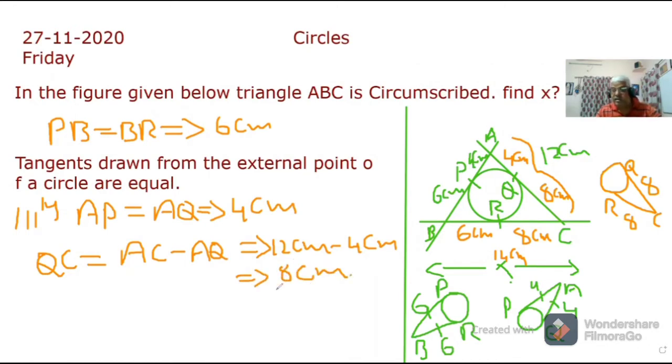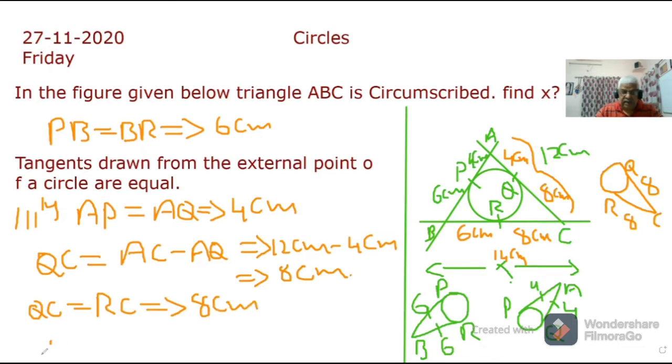So as you got this one, next, our last stage, what you have to write: this QC is equal to RC, which is also equal to 8 centimeter.